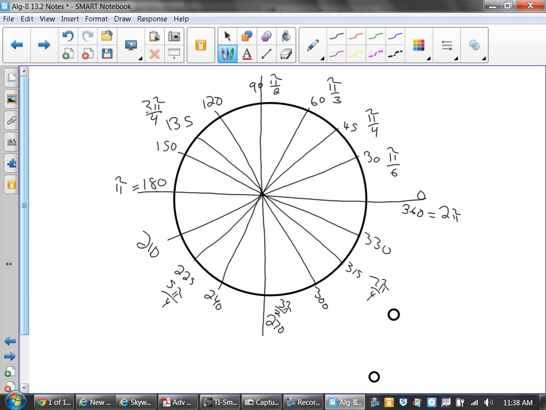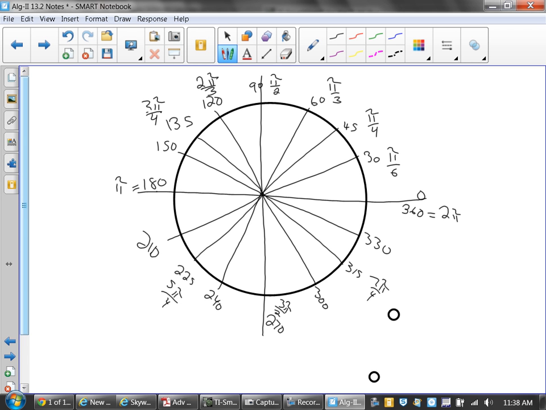So now let's think about the 30s and the 60s. 30, I went pi over 6. 60 was pi over 3. 90 is pi over 2. You're adding 1/6 each time. So 1/6, 2/6, 3/6, this would be 4/6, otherwise known as 2/3 pi. Very good.